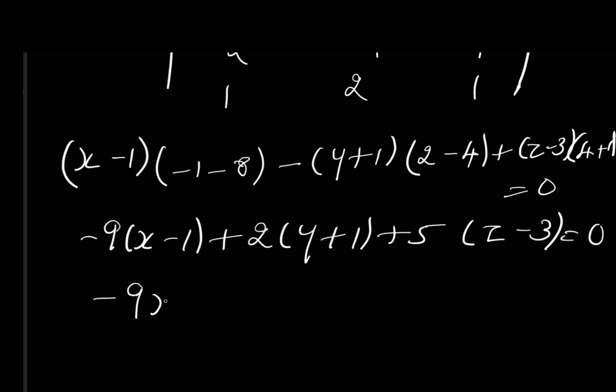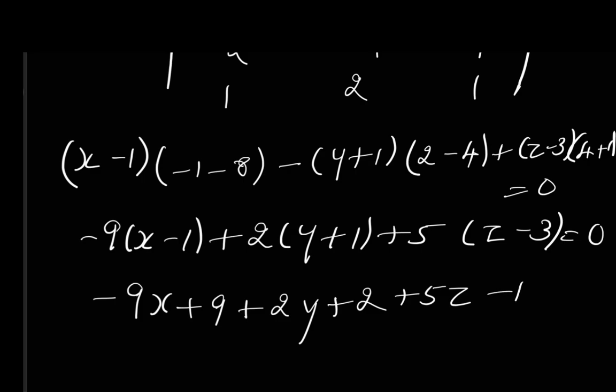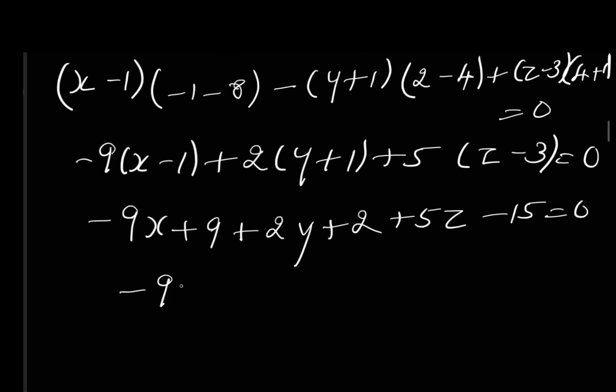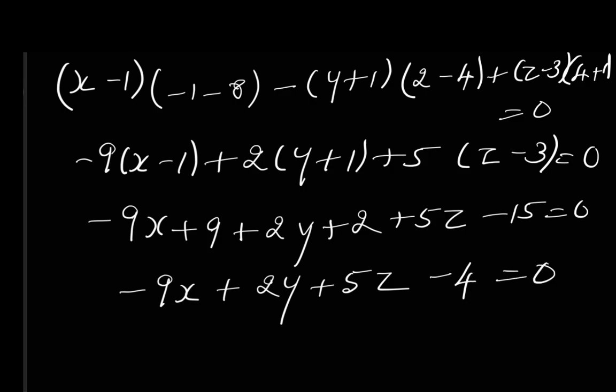So minus 9x plus 9, plus 2y plus 2, plus 5z minus 15 is equal to 0. So minus 9x plus 2y plus 5z, 9 plus 2 is 11, 11 minus 15 is minus 4, is equal to 0.